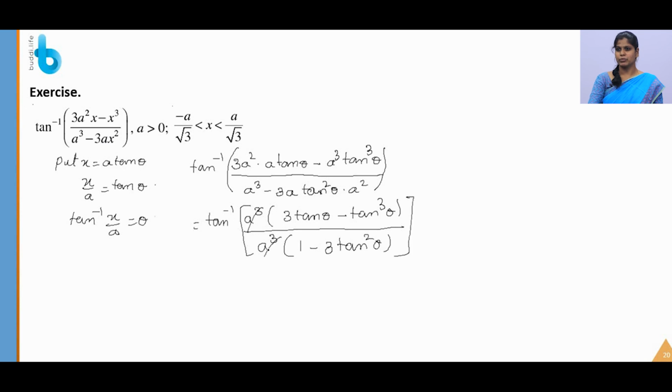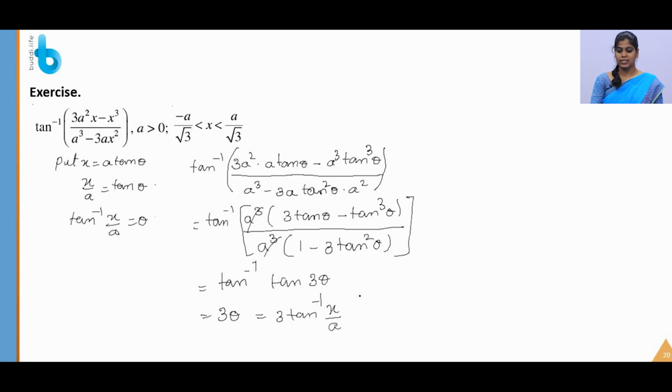We cancel a cube and a cube. So we have tan inverse of, this is an identity in trigonometry, which equals tan 3 theta. Tan inverse will remove the tan function, therefore we can write 3 theta. Here theta is tan inverse of x by a. So 3 into tan inverse of x by a is the answer. Hence the solution is over.